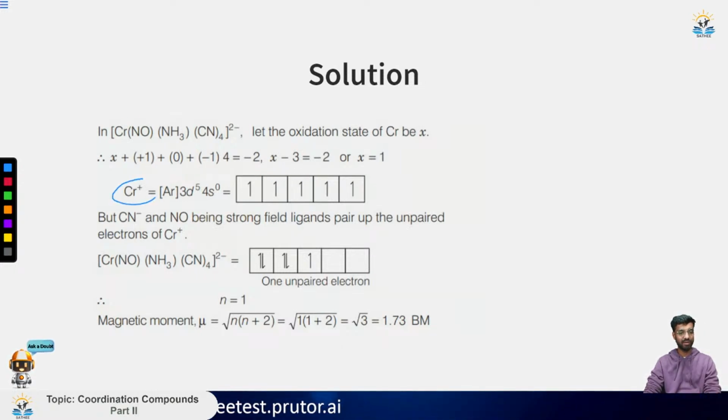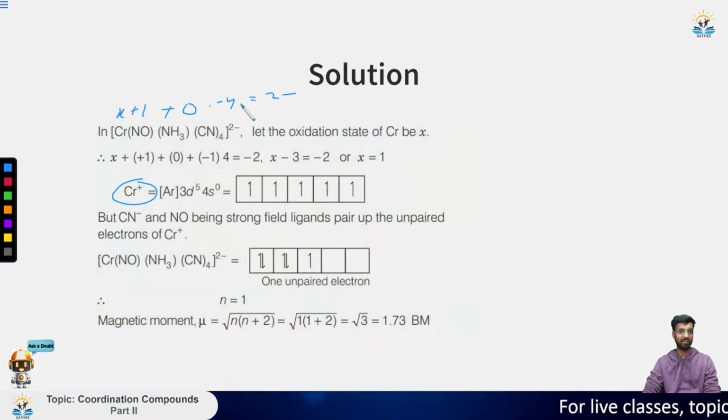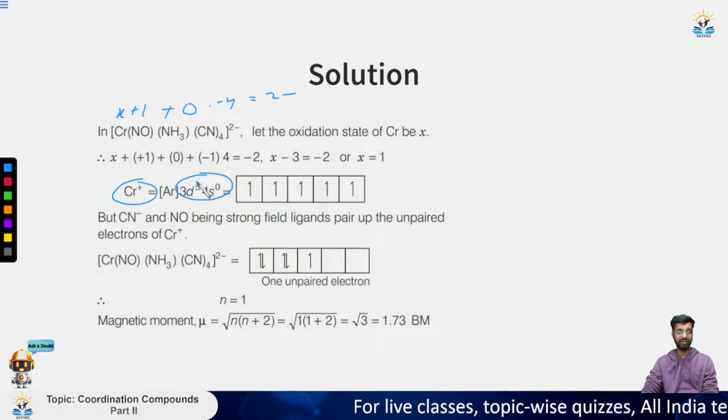Now we have this Cr complex. If you see the oxidation state, you can find it from here. It is 1, it is 0, it is -4, then a total of 2 negative. So 4 minus 1 is 3, 3 minus 2 is +1. So we will have a +1 oxidation state of Cr. So it will be 3d5 4s0.